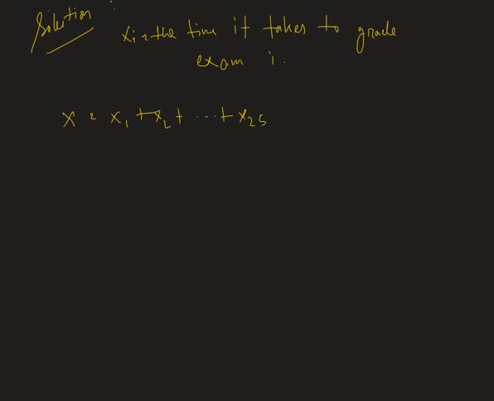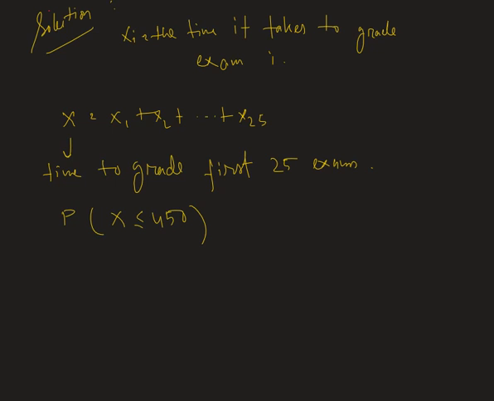Then X is the time it takes to grade the first 25 exams. Then we want the probability that capital X is less than or equal to 450.